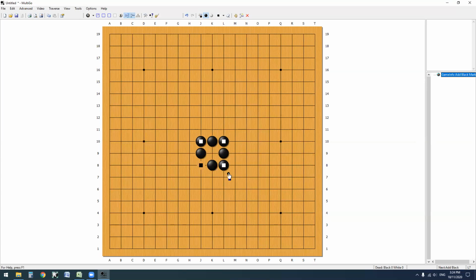Why is that? Because we want all the stones to be connected together. Once you control 3 of the 4 shoulders, all these stones are connected together and become one group. Now it is a real eye.